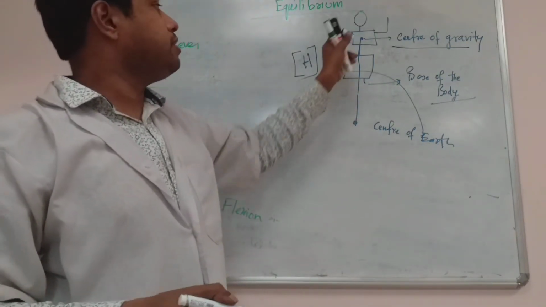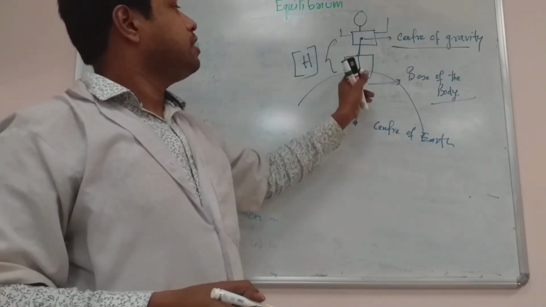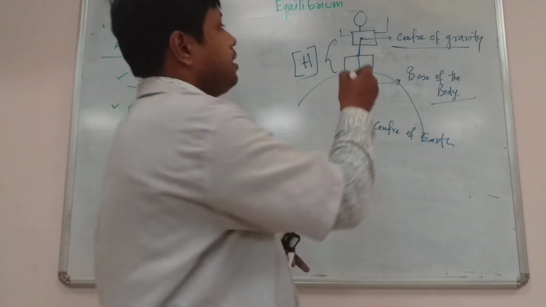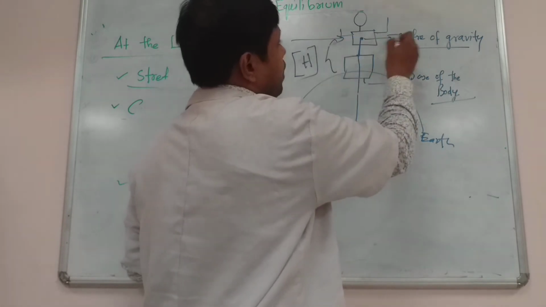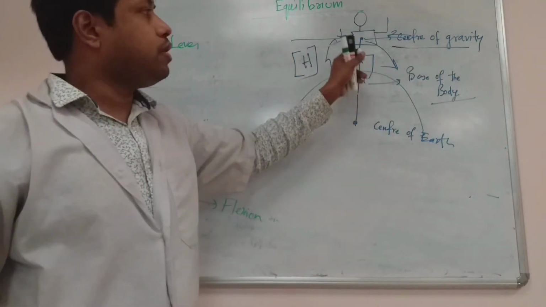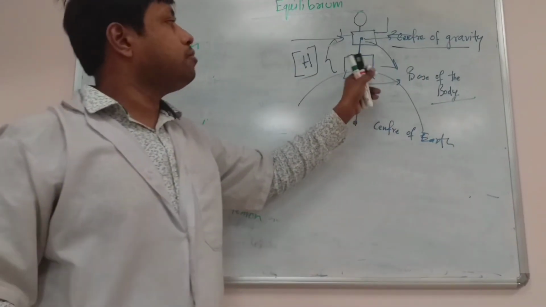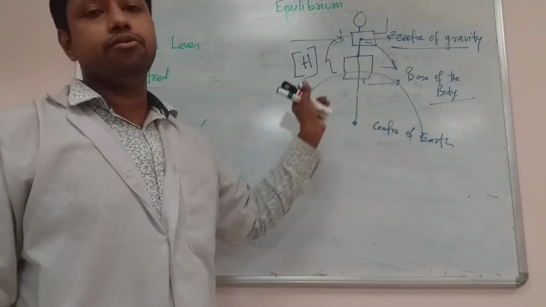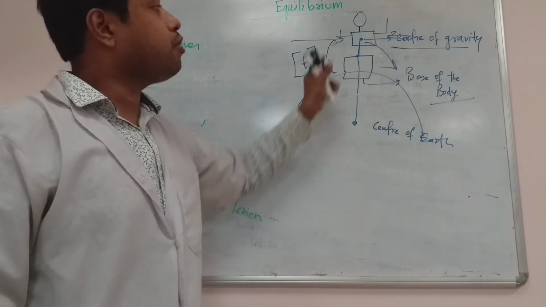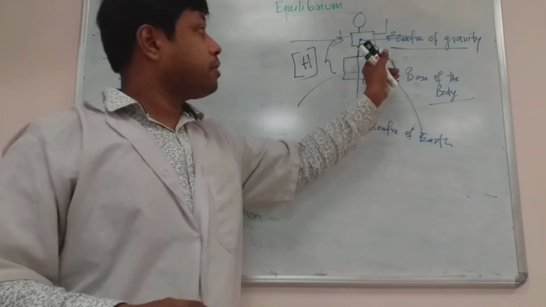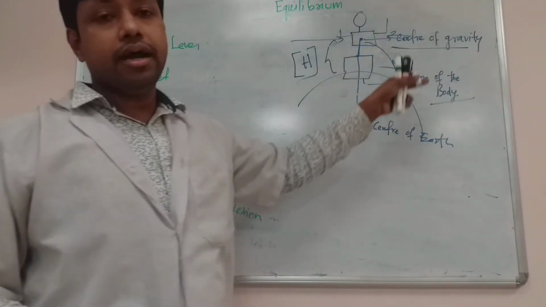So any force or stimulus has a tendency to change the center of gravity, and once the center of gravity changes, it will make the human being or tall object fall from that particular base. Can you understand? That's why for tall animals like human beings, the center of gravity is at a higher position compared to the Earth's surface.